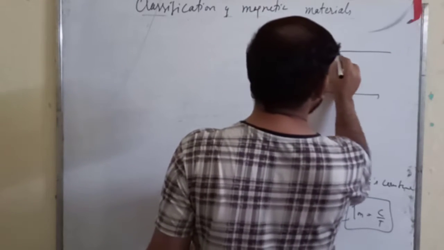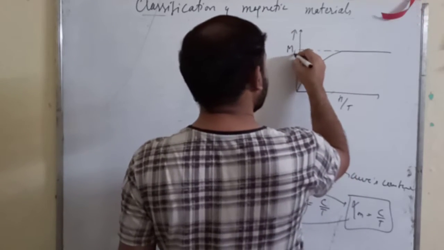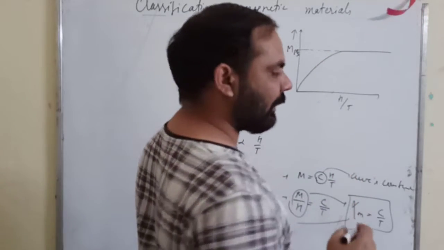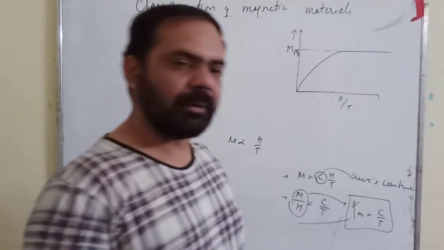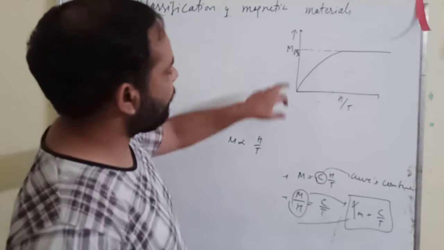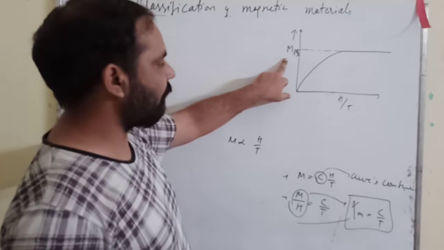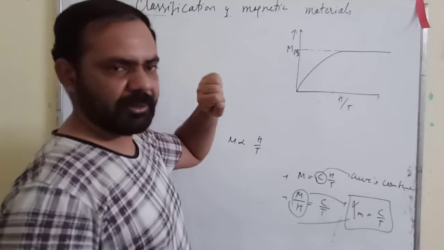The point where it becomes parallel is called MS, the saturation, or the value of saturation for intensity of magnetization.